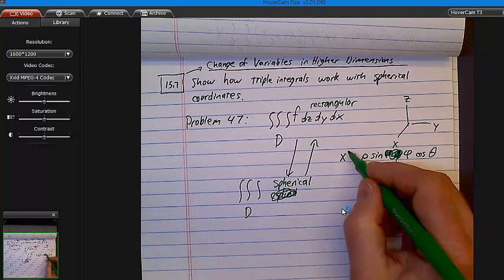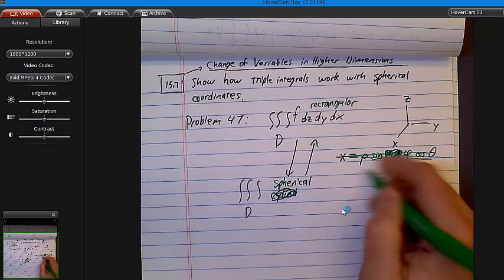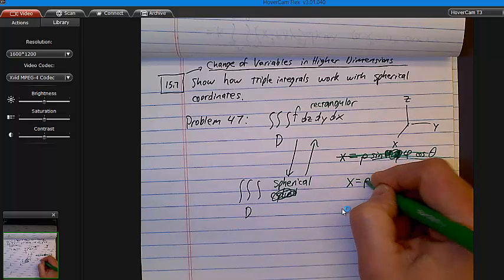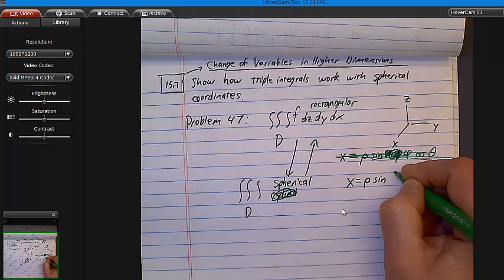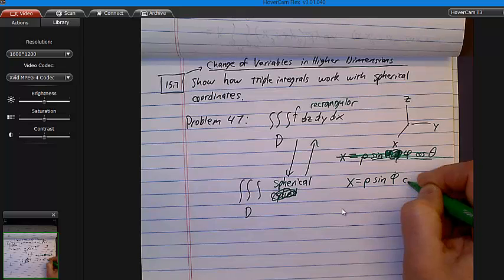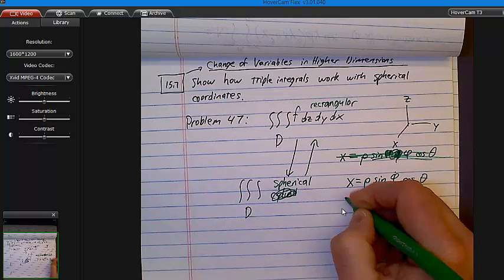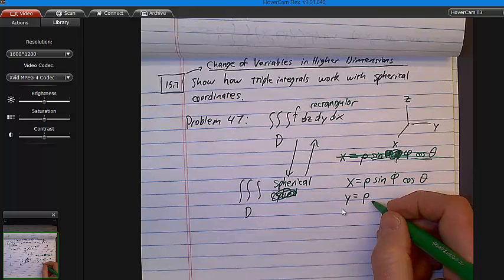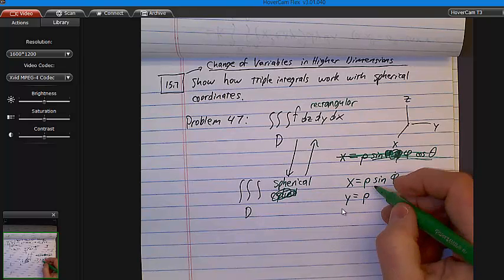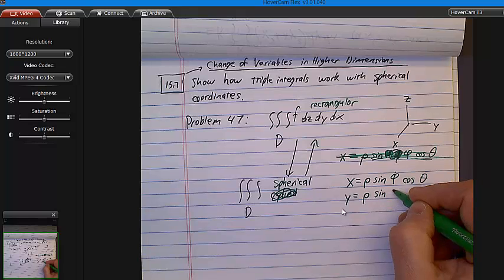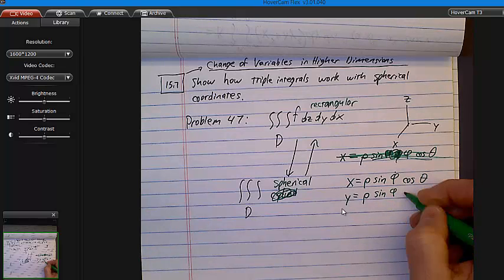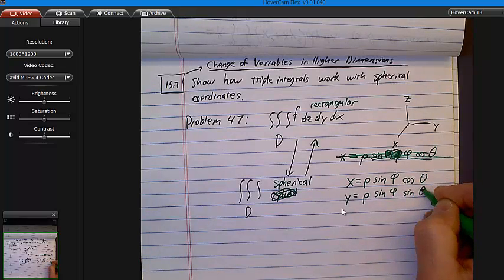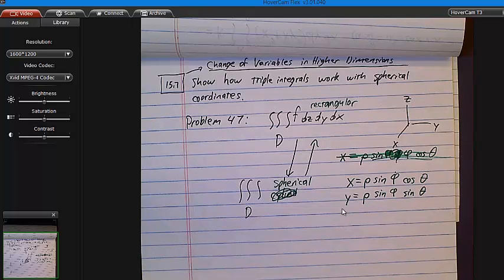So x is, let's try again so we get it nice and neat. x is rho sine phi cosine theta. y is rho times the sine of phi times the sine of theta. Okay.